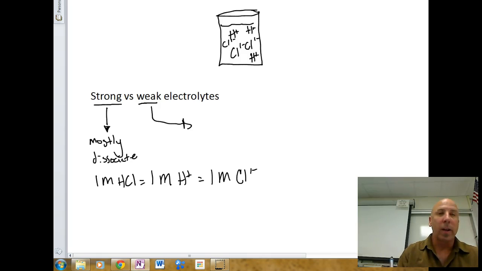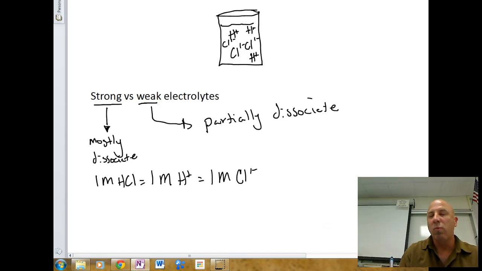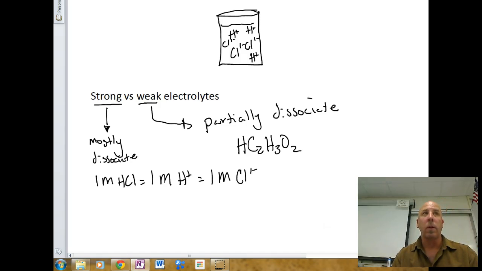Now, a weak electrolyte is something that's only going to partially dissociate. What we mean by this is, let's say, acetic acid, which is the main acid that we find in vinegar.